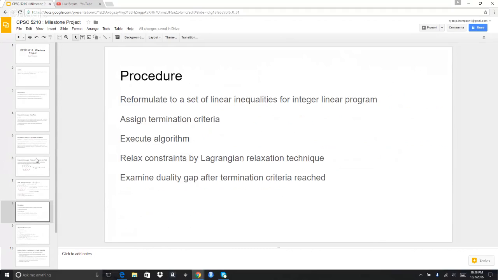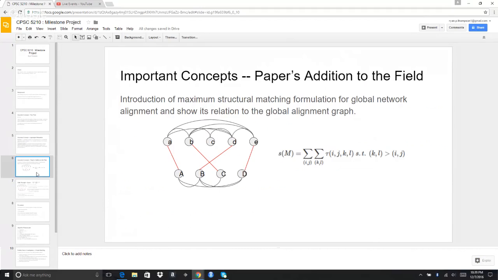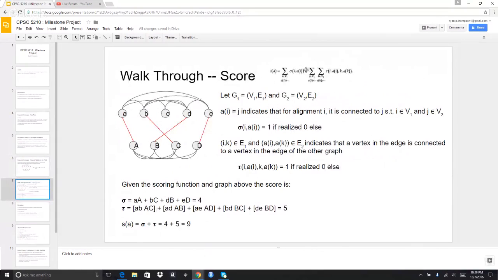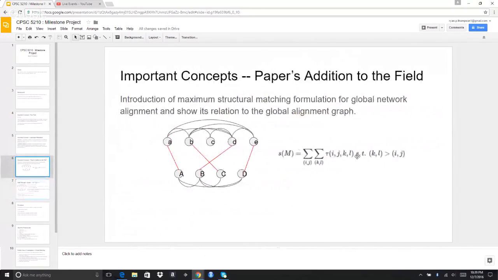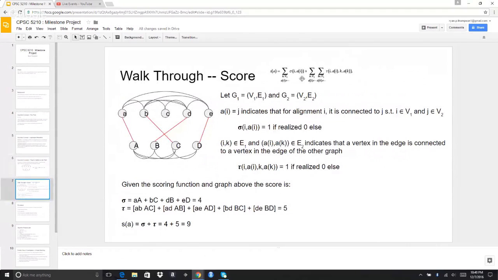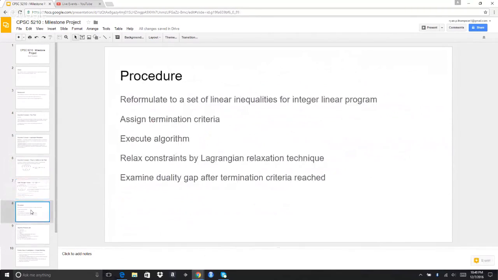We would take the original equation, the scoring alignment, and reformulate or generalize it to the matching algorithm, again by just setting the vertexes equal to the edges, and we would formulate each of those as a linear inequality. Then, because it's an NP-hard problem and you don't know how long you could be sitting there, you would have to assign a termination criteria.